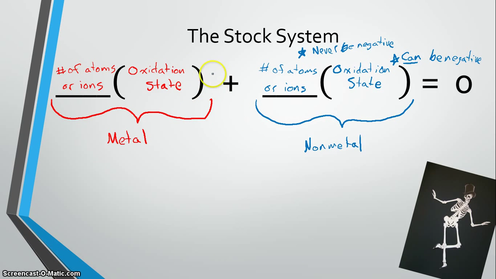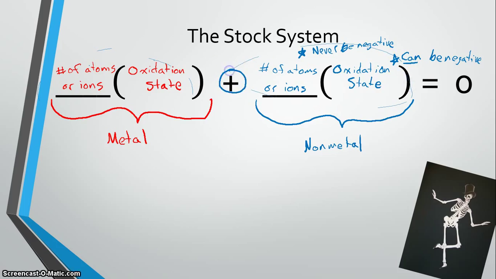Now, keep in mind, we have to follow our order of operations. So when I'm plugging all of this information in, I have to multiply the number of atoms or ions times the oxidation state, and do that both over here and over here separately.